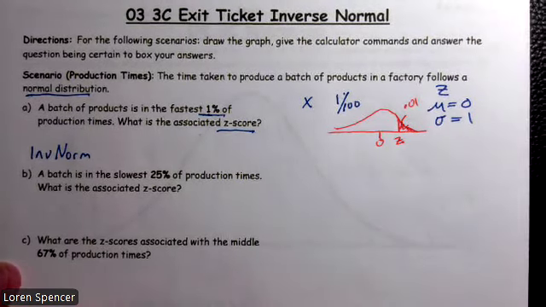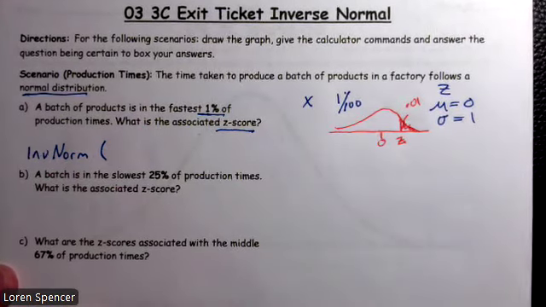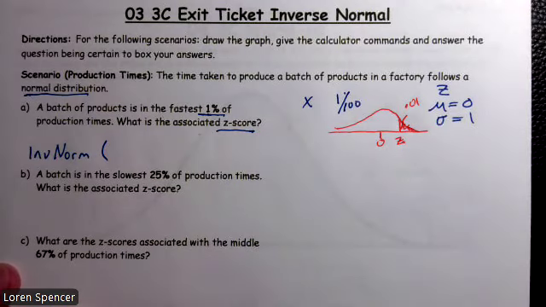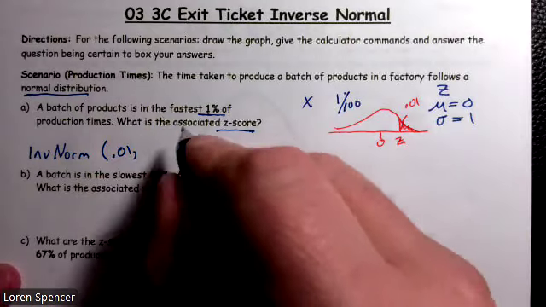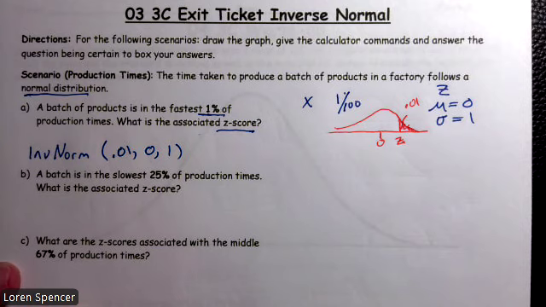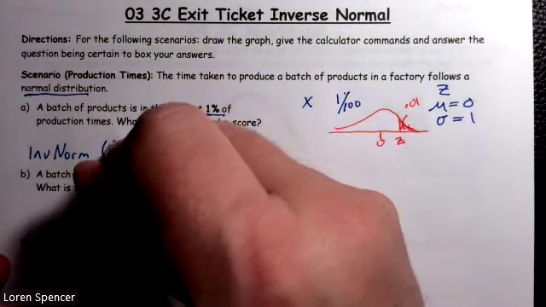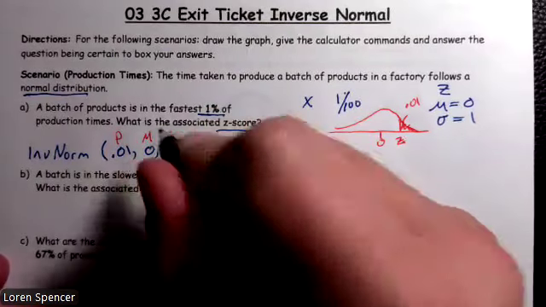And I'm looking for that particular Z score that's associated with this. So inverse norm, the very first thing the calculator is going to ask us for is the area. Well, in this case, our area is 0.01. Our mean is 0 and our standard deviation is 1. That's true for all Z scores. So this is our percent, our mean, our standard deviation, our PMS.